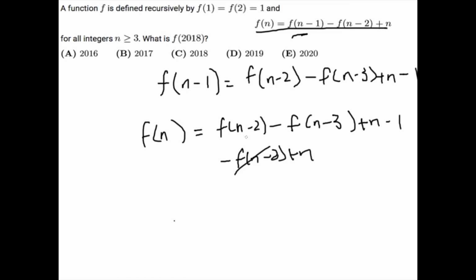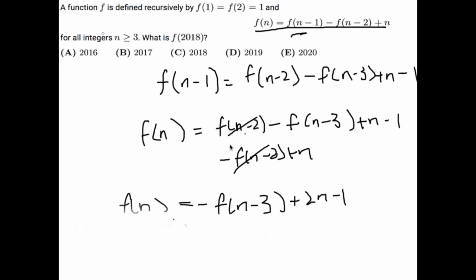We notice that these two cancel, and we're left with f of n equals negative f of n minus 3 plus 2n minus 1. So next we can move f of n minus 3 to the other side and get f of n plus f of n minus 3 equals 2n minus 1.